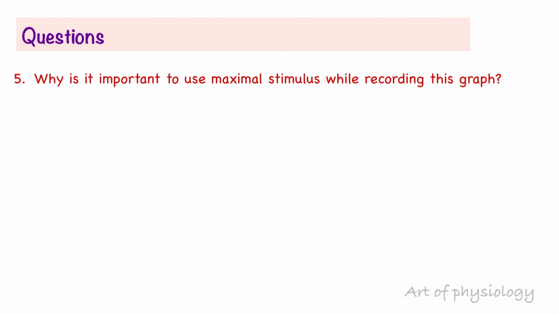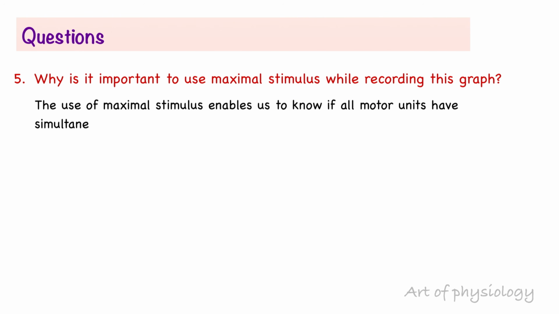Now, why is it important to use a maximal stimulus while recording the graph? For this experiment, we are giving the maximum stimulus to get the maximum contraction, the maximum response. So we should ensure that all the motor units are activated simultaneously for the maximum response.